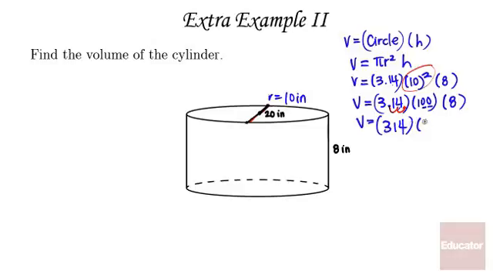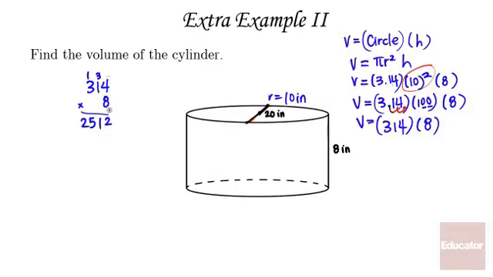Then multiply that number by the height of the cylinder, which is 8. 314 times 8. 4 times 8 is 32. 8 times 1 is 8. Add the 3, get 11. 8 times 3 is 24, plus 1 is 25.